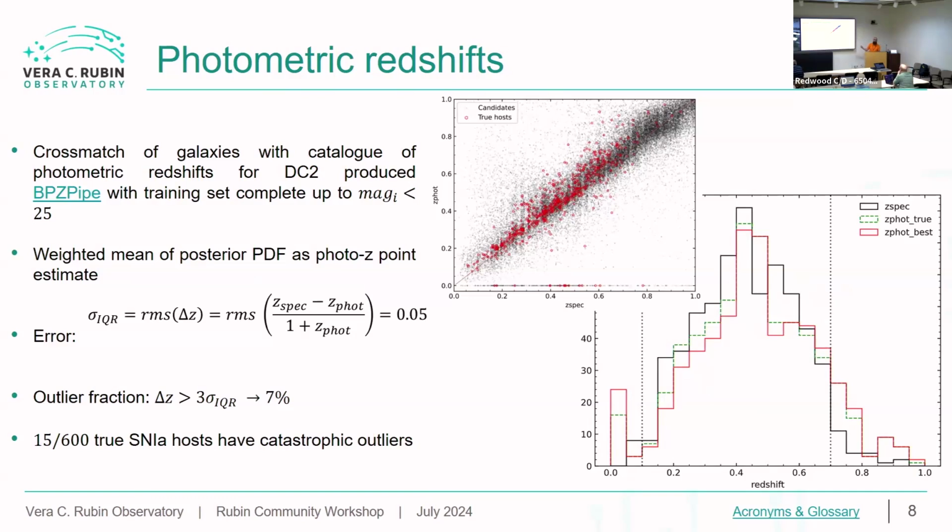But the problem of photometric redshift with the rate is that it changes the distribution of the objects as a function of redshift. As you can see in this histogram, the black line is the true distribution of the simulated supernovae. The green one is the distribution using the photometric instead of the true redshift, and you can see that the supernovae are moving into different redshift bins.